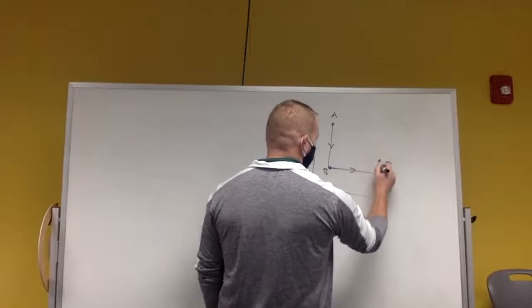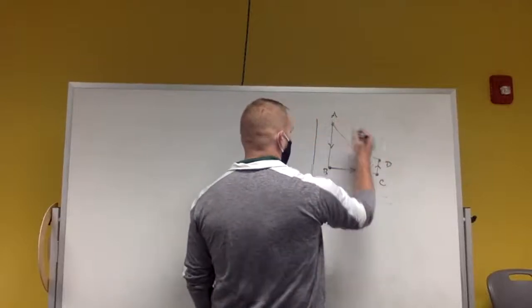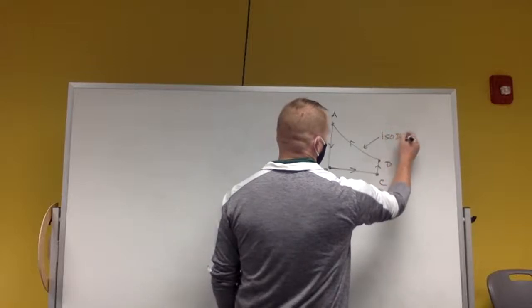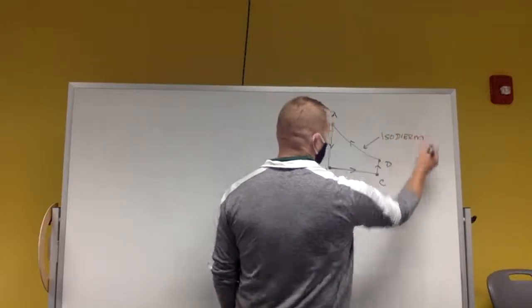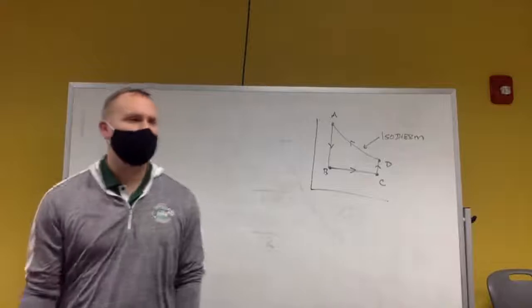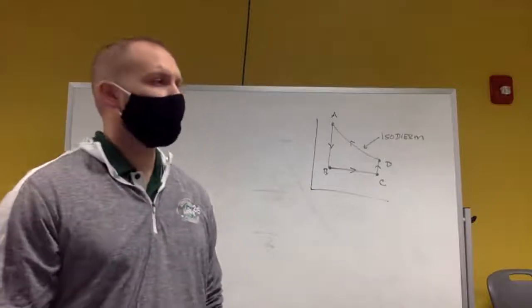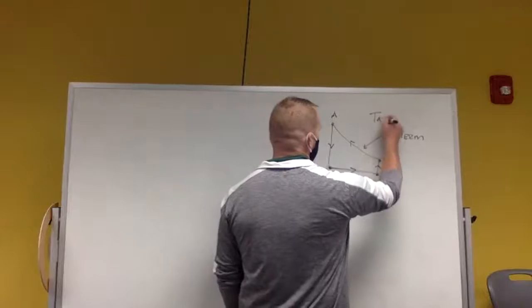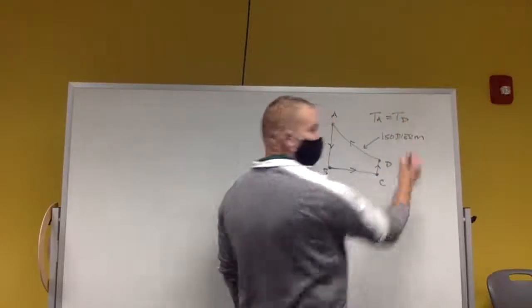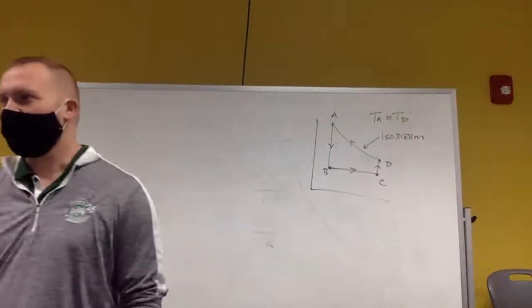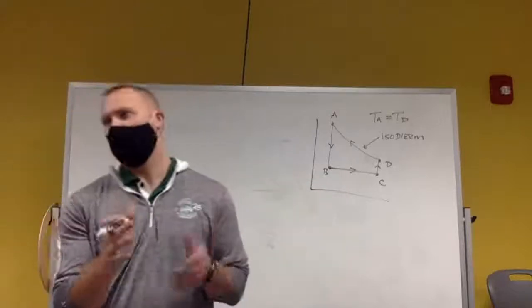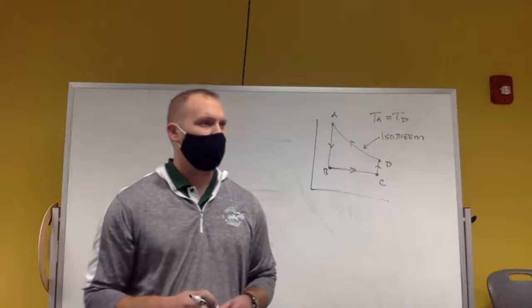This is the cycle that it goes in. And this is an isotherm. What does isotherm mean? That means TA equals TD. Isothermal: the temperature stays the same.